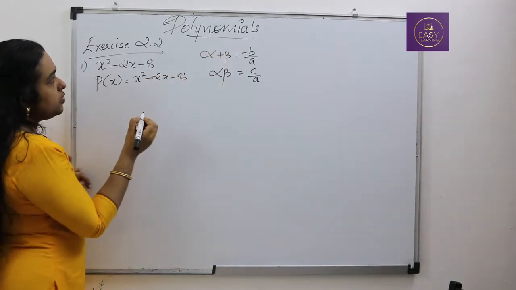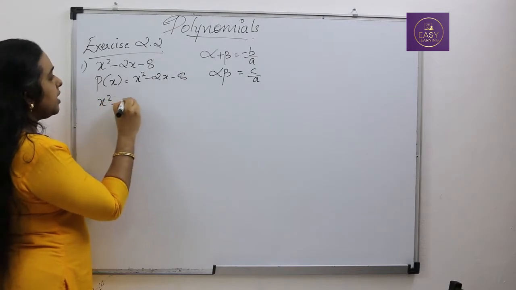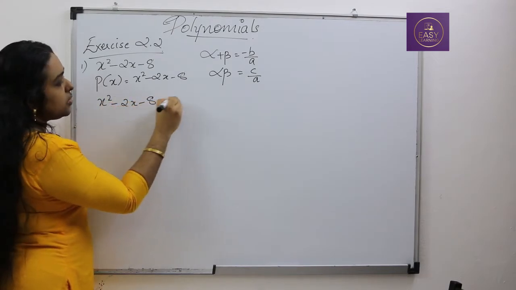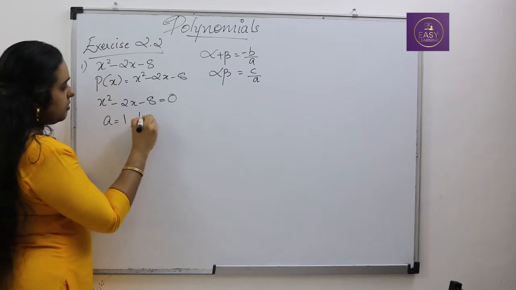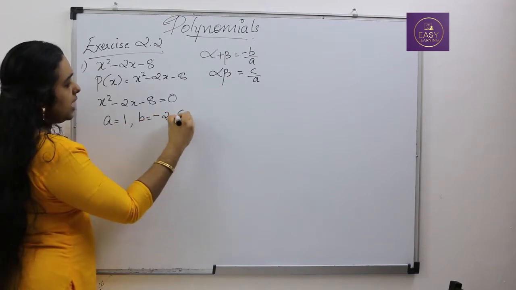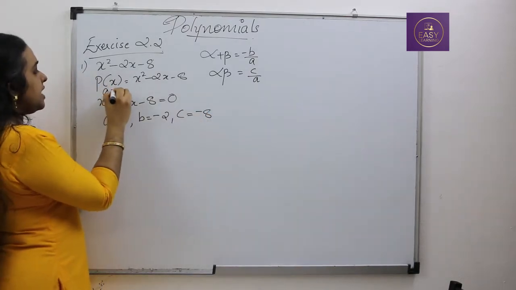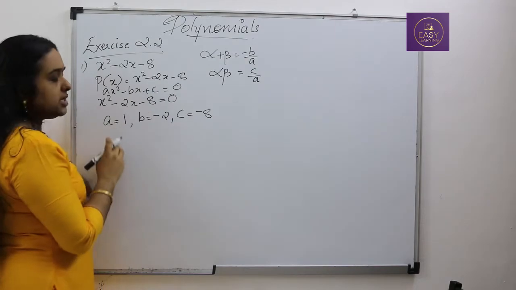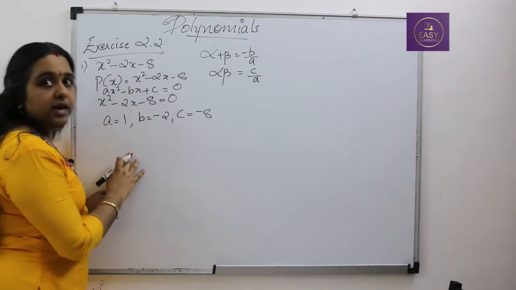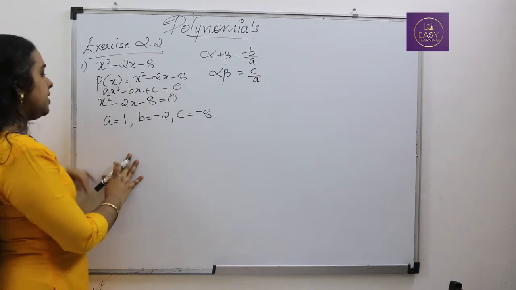We need to solve this, so we are going to equate it with 0: x square minus 2x minus 8 equals 0. A equals 1, b equals minus 2 and c equals minus 8. Standard form is ax square plus bx plus c equals 0. This is a quadratic polynomial and you know it very clearly how to solve a quadratic polynomial.